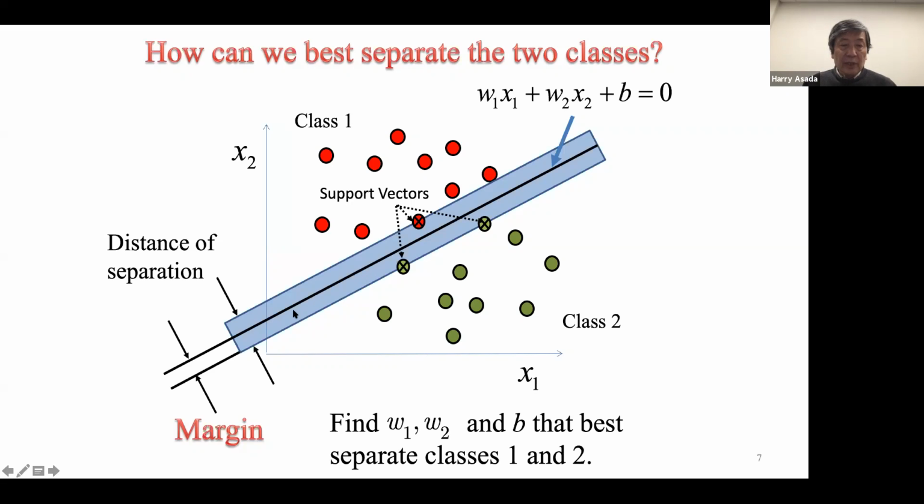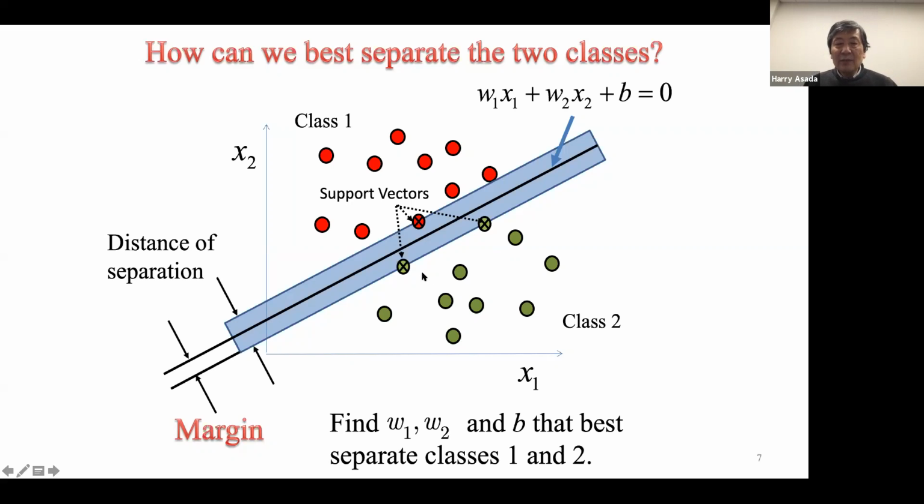So we consider a kind of band, with one class below this band and the other above it. The distance of separation, we'd like to make this width as wide as possible. We call that the margin. So the question is how to find the three parameters, W1, W2, and B, so that you get the widest separation between the two classes.